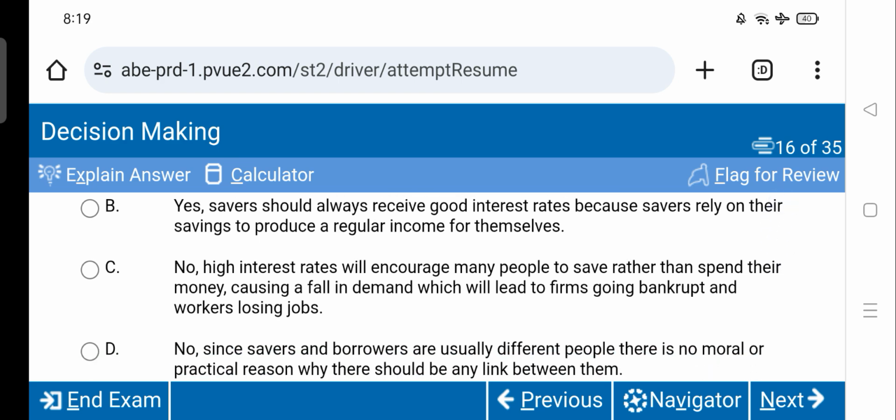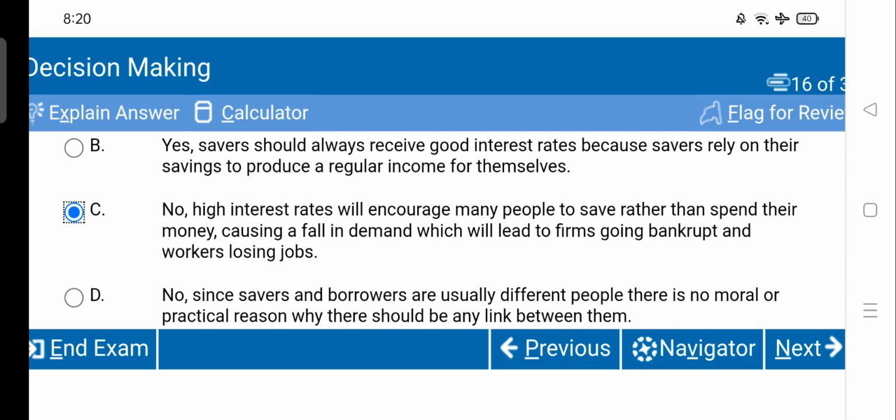Option C, no, higher interest rates will encourage many people to save rather than spend their money, causing a fall in demand, which will lead to firms going bankrupt and workers losing jobs. Option D, no. Since savers and borrowers are usually different people, there is no moral or practical reason why there should be any link between them.